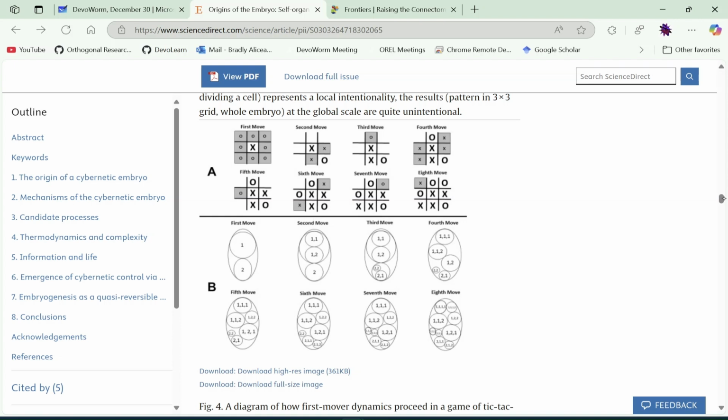You could also do this with cell differentiation. If you think about cells differentiating into different cell types and subtypes, you can have type 1 with a first mover advantage over type 2, and maybe that differentiates into many different subtypes, whereas number 2 differentiates into fewer subtypes.